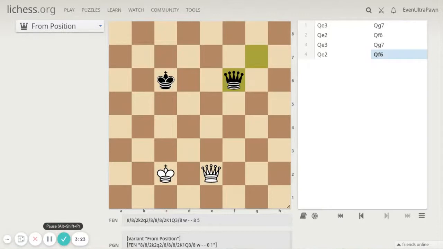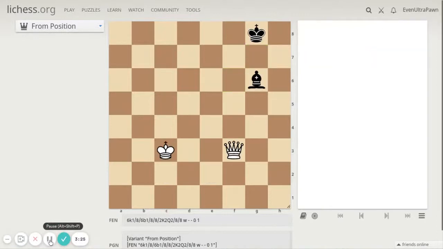Next way to draw a game. Quick fire. Okay, I'm going to tell you that a bishop and a king against a king cannot checkmate. And here is another way to draw a game.